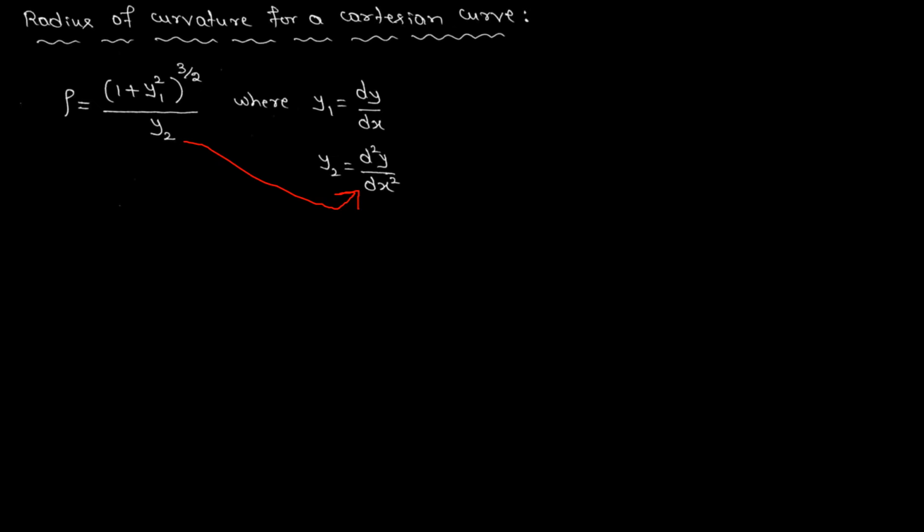So in the problem, given a curve y is equal to some function of x, first we need to find dy by dx, then d square y by dx square.